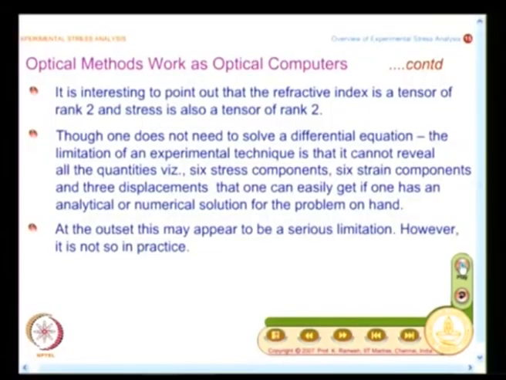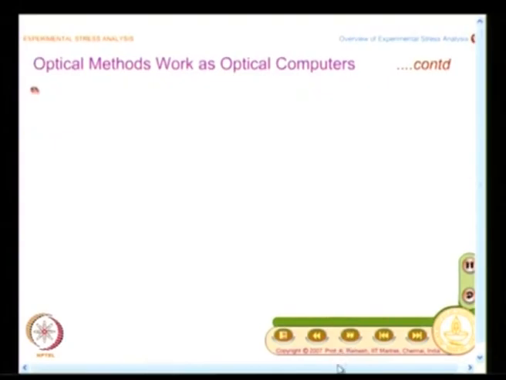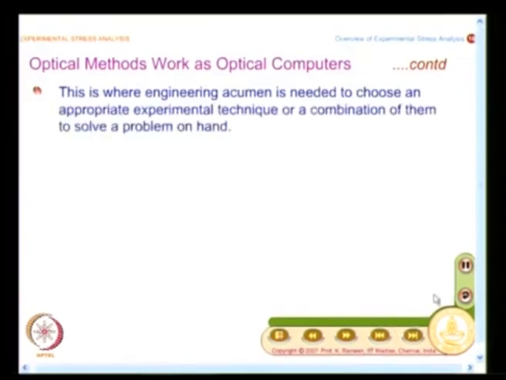At the end of the course, I would like every one of you to say convincingly that this is so, because we know the physics behind the experiment. To start with, it will appear, oh, I do an experiment and I do not get everything under the sun. It may look like a limitation, but this is not a serious limitation, and this is where, as an engineer, you have to apply your engineering acumen to choose an appropriate experimental technique or a combination of them to solve the problem at hand.